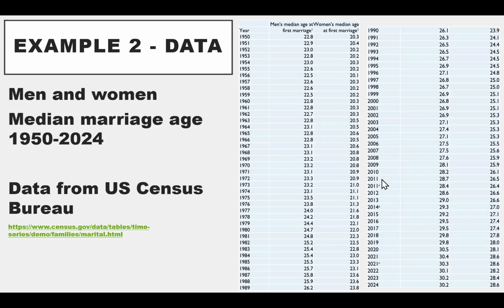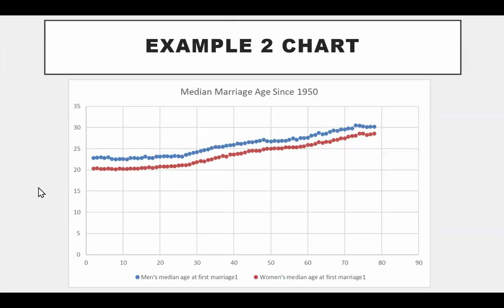There are a couple of years, like 2011, where they measured it twice. This was 2 times during the same year, but most other years have just one measurement on it. If you graph that out, where the X value is years since 1950, and the Y value is age, you get for the men's this pattern in blue.